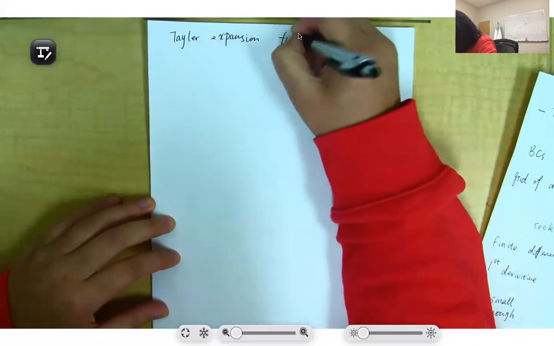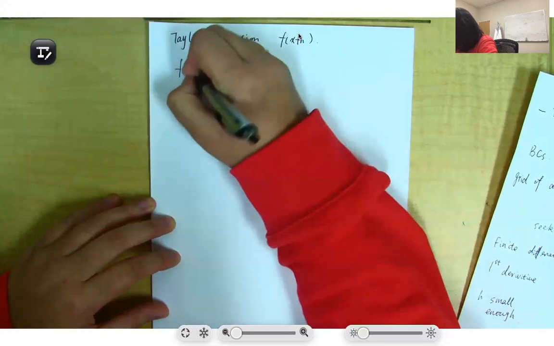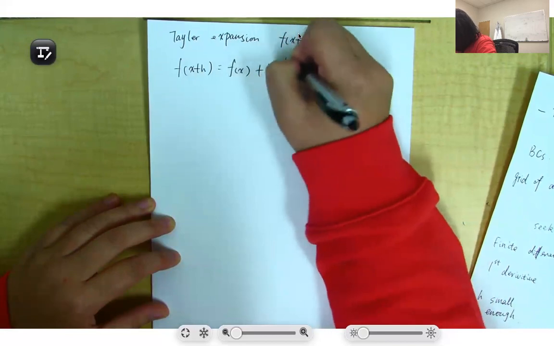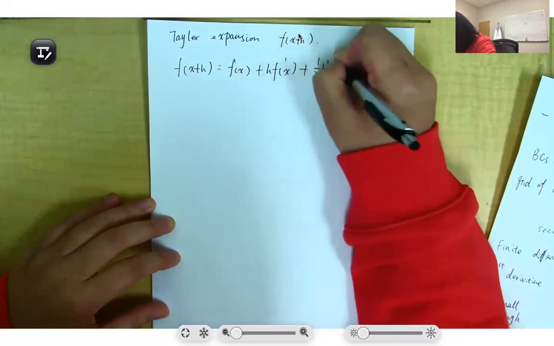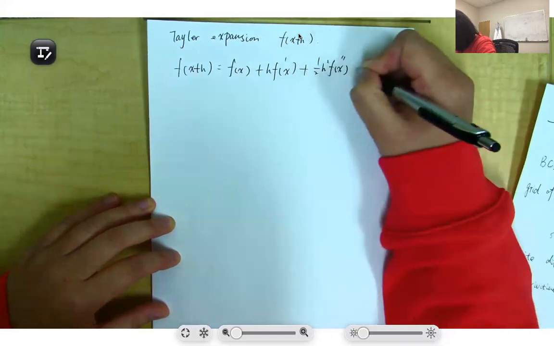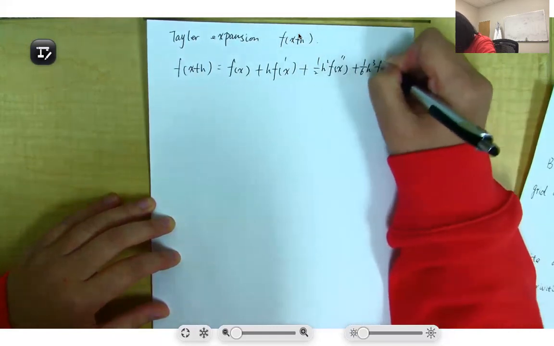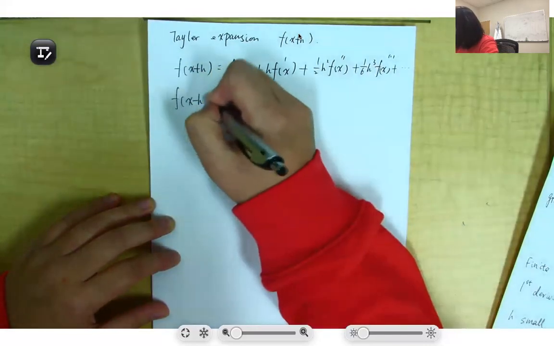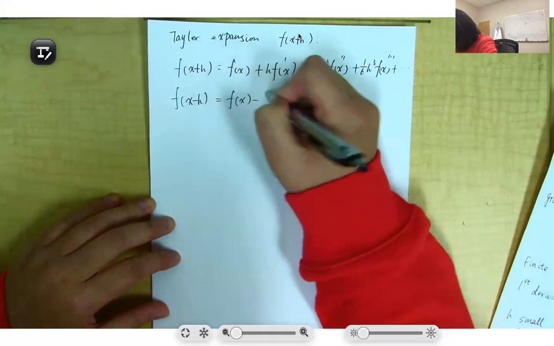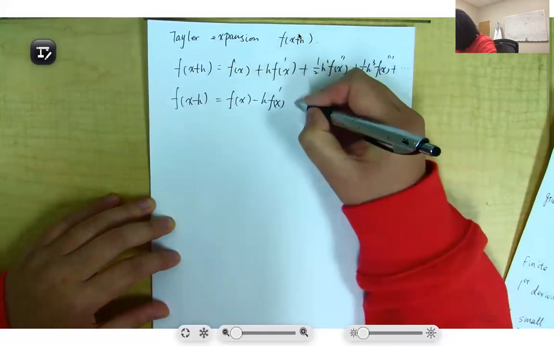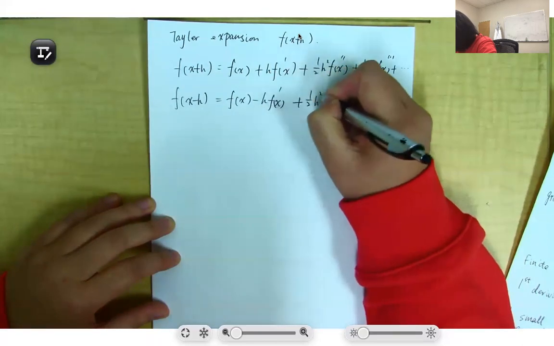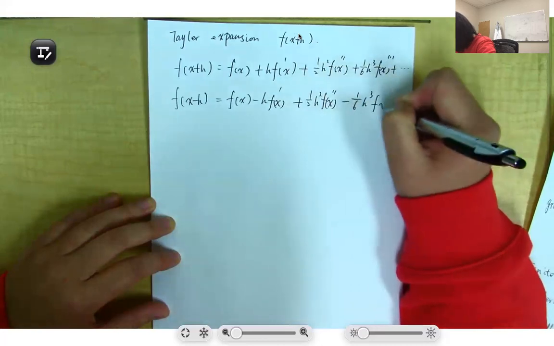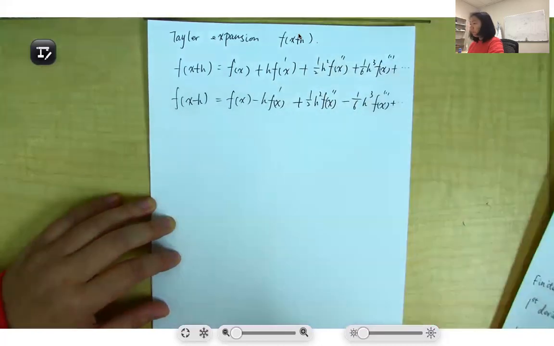Which for f(x+h), f(x+h) will be equal to f(x) plus h f'(x) plus half h squared f''(x) plus 1 over 6 h cubed f'''(x) plus and so on. And f(x-h) equals f(x) minus h f'(x) plus half h squared f''(x) minus 1 over 6 h cubed f'''(x) plus and so on.